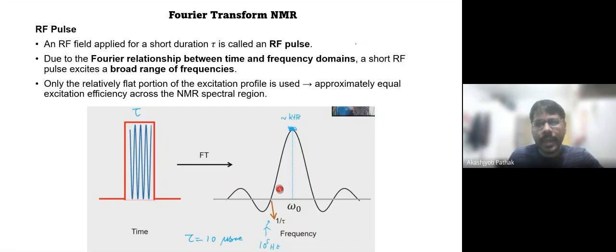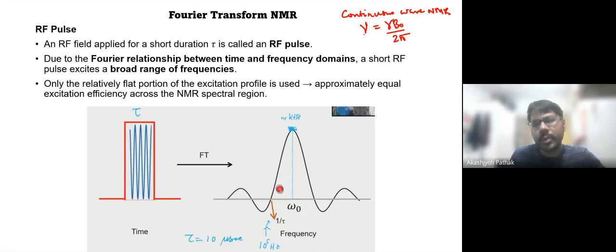The magnetic field is associated with a particular frequency: nu equals gamma B0 by 2 pi. We learned this in the last lecture as well. So when we vary the magnetic field, the frequency is also varying.